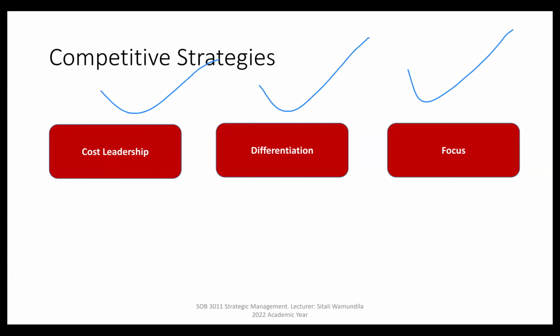These are the three major competitive strategies that are available: cost leadership, differentiation, and focus. So if you are to explain on competitive strategies as the question is requiring you, they want you to comment on cost leadership, they want you to comment on differentiation, and they do want you to comment on focus as a strategy.